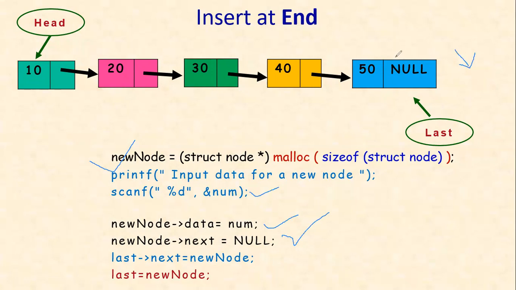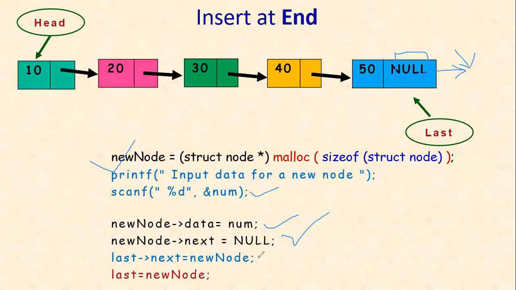The current last node should not have null now, because a new node is created as the last node. It should have the address of the new node to establish a link between the new node and the current last node.